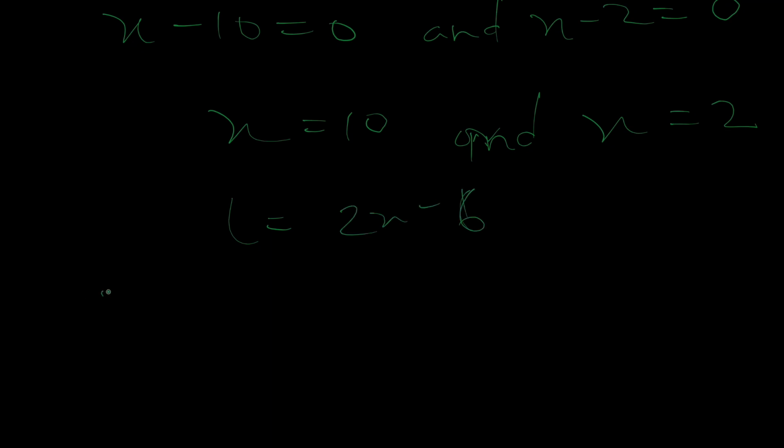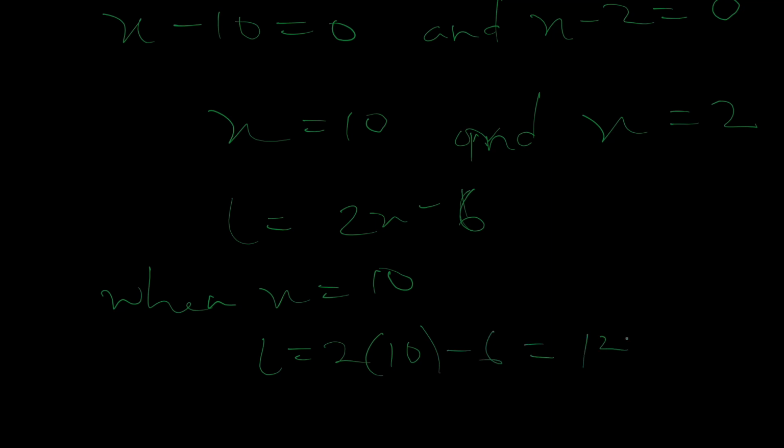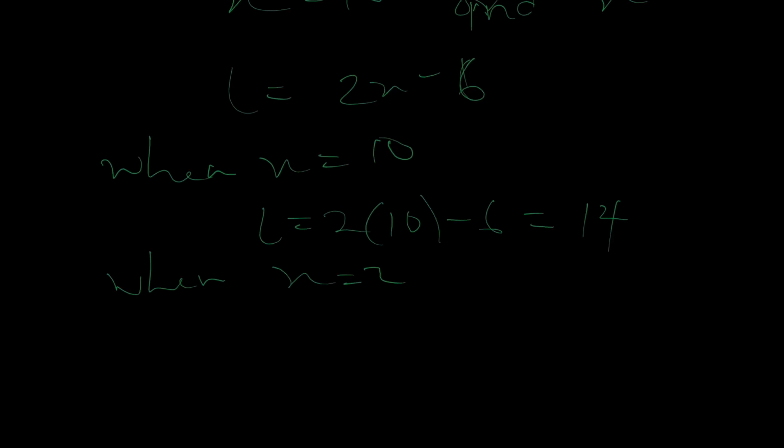Now, when x is equal to 10, L is 2 into brackets 10 minus 6, which should give 14. And when x is equal to 2, we have L equal to 2 times 2 minus 6, which should give negative 2.